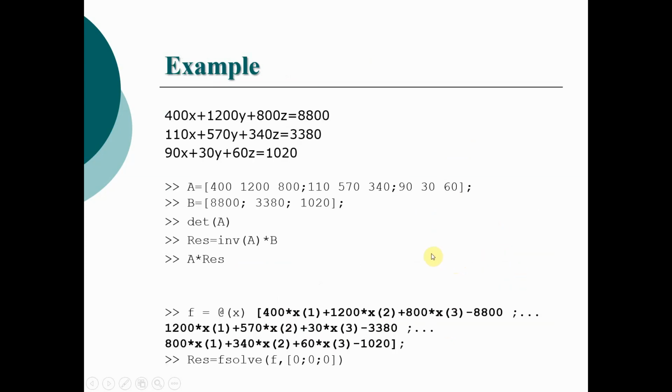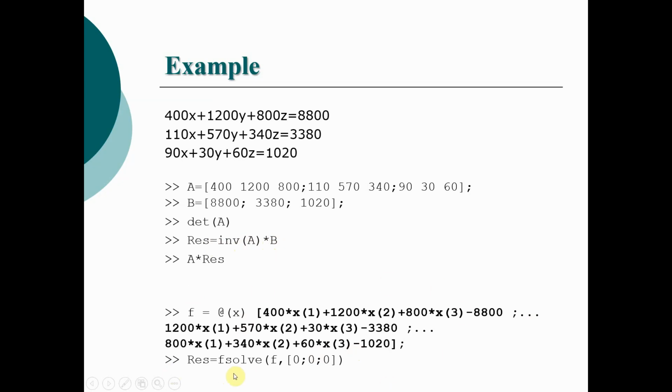So let's look at this example. We have 3 equations, 3 unknowns. We made the matrix of coefficients, and we made the vector of right hand side. This is solving the system of equations using the method of finding the inverse of A and multiplying it by B, and the second method shows how to solve it using the fsolve function.